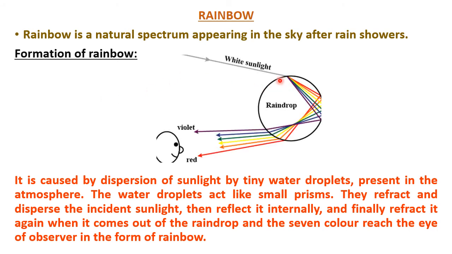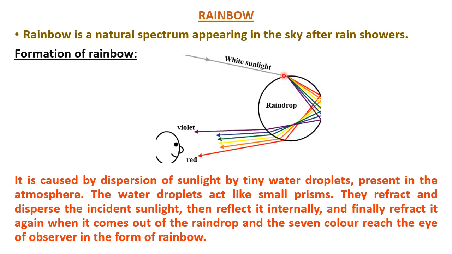So each droplet of water splits the sunlight into 7 colors. Here this is the water droplet and the sunlight is entering. Here the first refraction occurs.